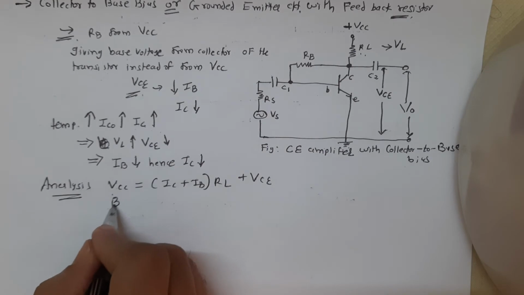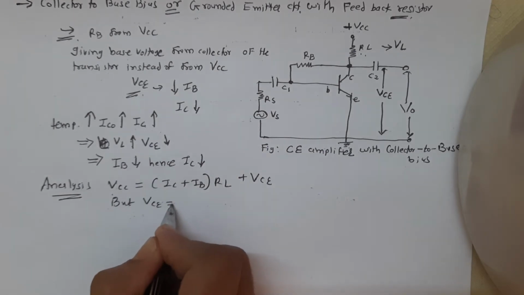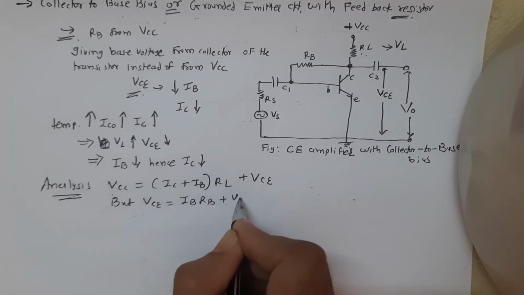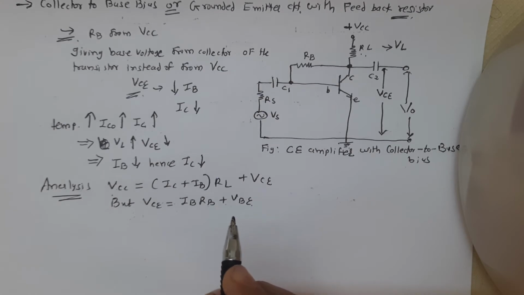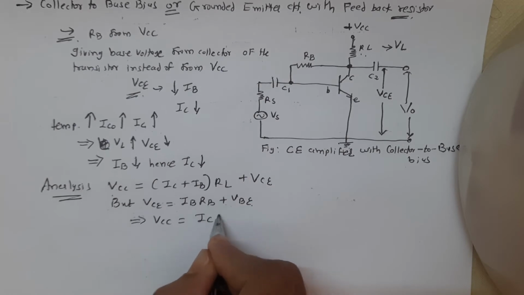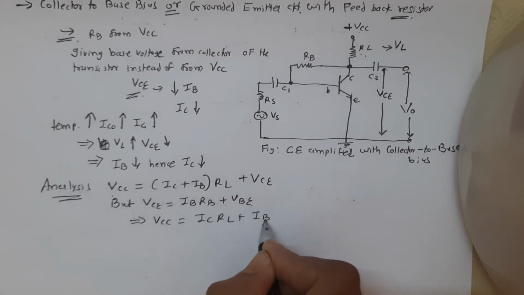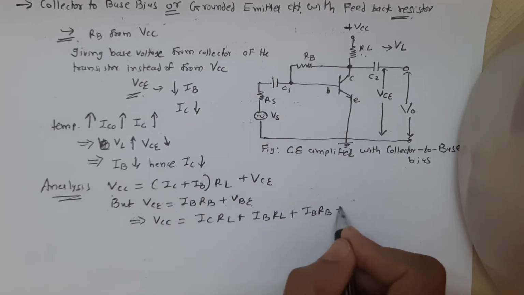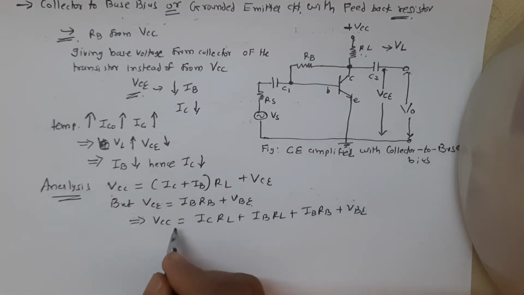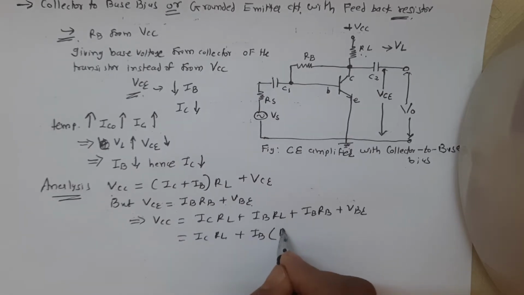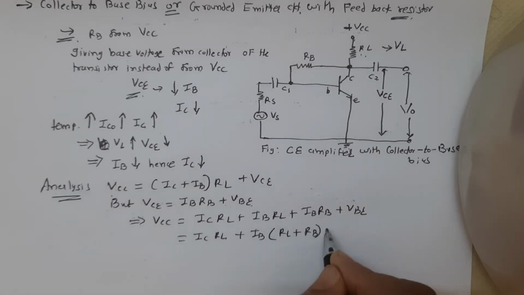But we know that VCE is equal to IBRB plus VBE. Therefore, VCC is equal to ICRL plus IBRL plus IBRB plus VBE, and this is equal to ICRL plus IB into (RL plus RB) plus VBE.